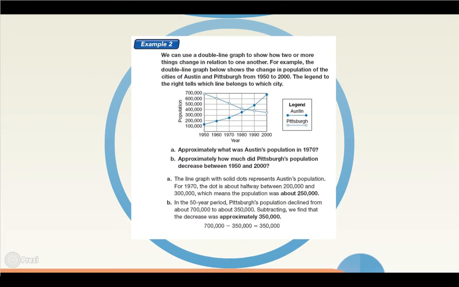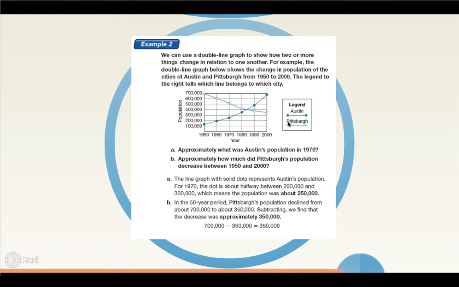Example number 2, we can use a double line graph to show how two or more things change in relation to one another. For example, the double line graph below shows the change in population of the cities of Austin and Pittsburgh from 1950 to 2000. The legend to the right tells you which line belongs to which city.